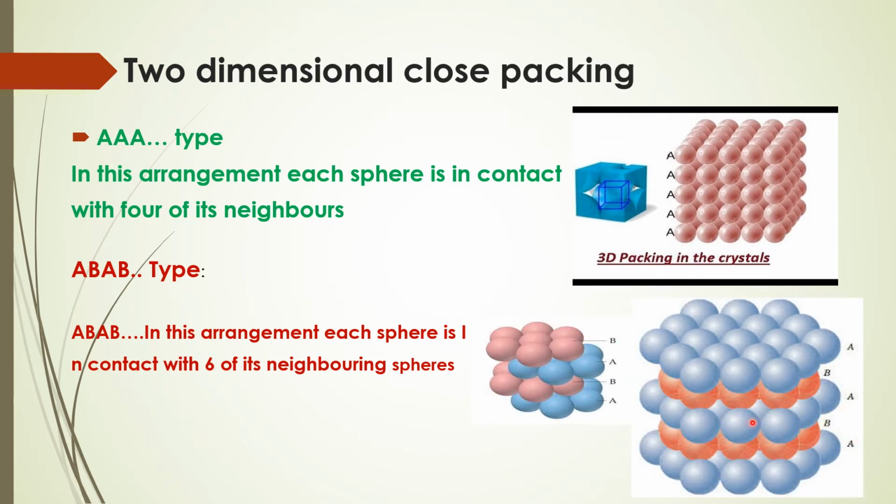This is a perfect arrangement for two-dimensional close packing: A, then B between, then A and B again. So two-dimensional arrangement is classified into two types. One is the AAA type, a single molecule with a repeated arrangement, and the other has two molecules, which is also a repeated arrangement.